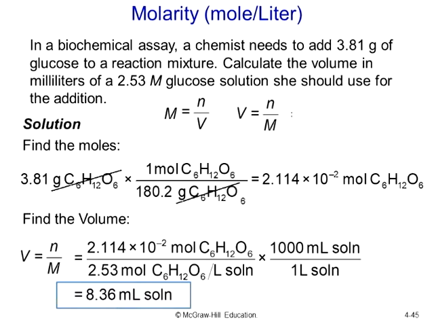We would then plug this into the formula, but note that we must change the molarity concentration to milliliters. Therefore, we have the liters on the bottom, and we do a conversion times 1,000 mL solution per 1 liter of solution, and this will allow this to be converted directly to milliliters.